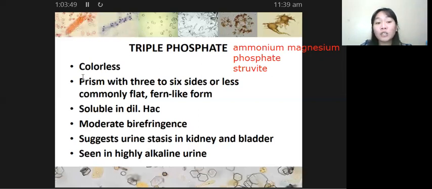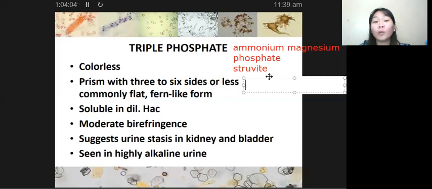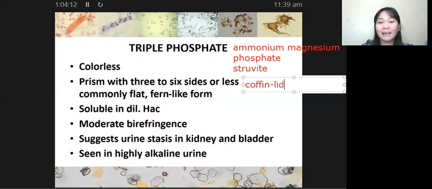So they appear as colorless prisms with 3 to 6 sides or less commonly flat fern-like form. Alam nyo, class, another common description or term that is associated with the appearance of your triple phosphate is coffin lid.